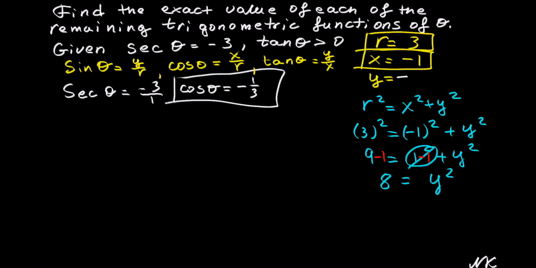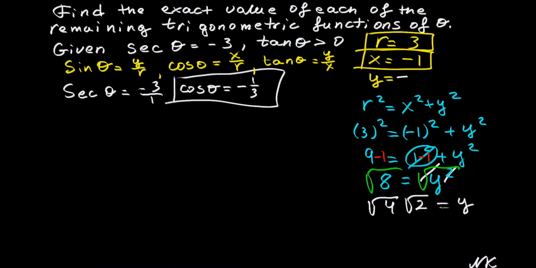We know that a square and a square root will cancel, so I'm going to take the square root of both sides. Whatever I do to one side, we need to do the same thing to the other side. And we get that the square root and the square will cancel, so we have y equals, let's simplify this radical. Square root of 8, we can break down 8 into 4, a perfect square, times 2.